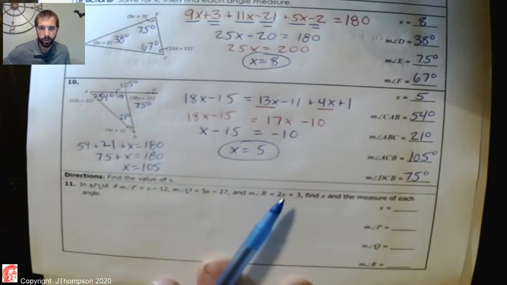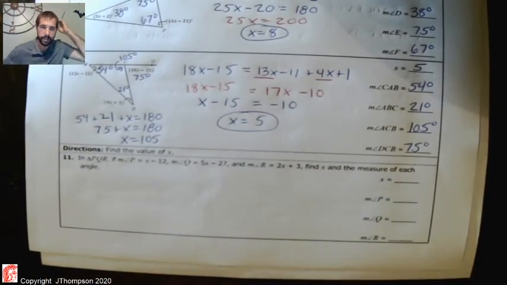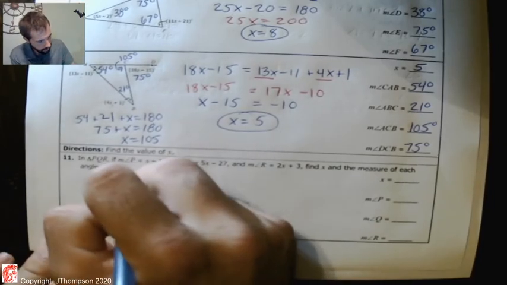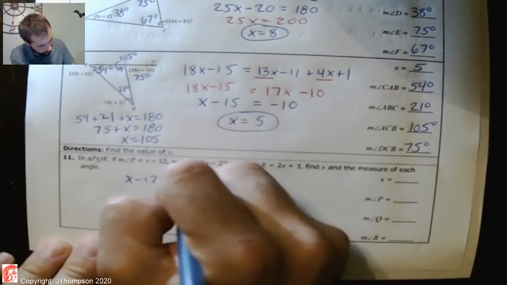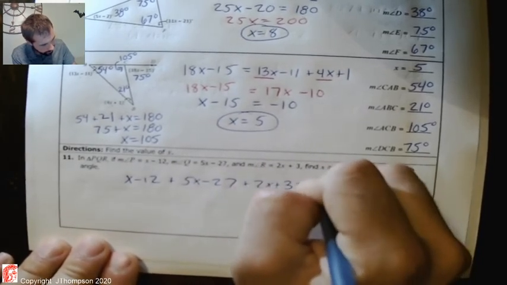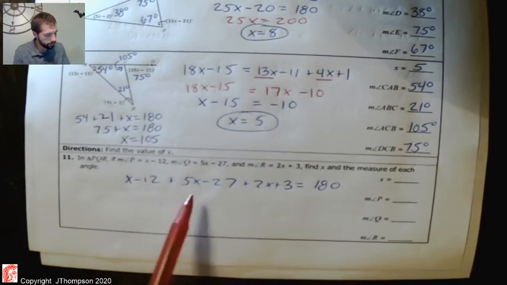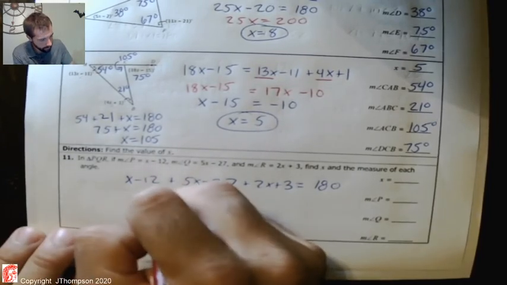But since they're all the interior angles, we know that we need to add the angles together and set them equal to 180. So that's going to be x minus 12 plus 5x minus 27 plus 2x plus 3 equals 180. Then we're going to combine like terms. So x, 5x, and 2x, that's going to be 8x.